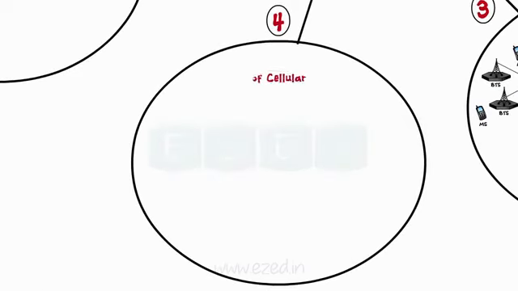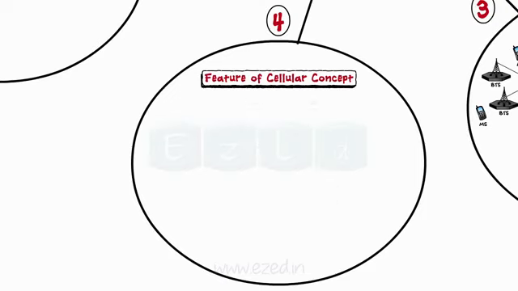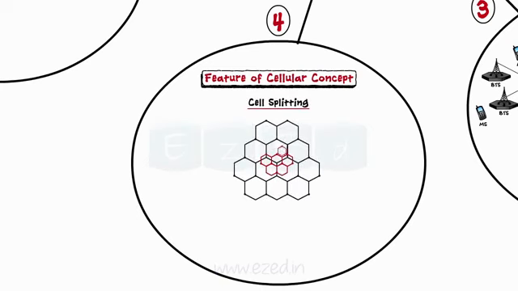Next, we studied two features of the cellular concept: frequency reuse, in which the same set of frequencies are used for radio channels located in different areas, and cell splitting, where each cell is divided into smaller cells known as microcells.